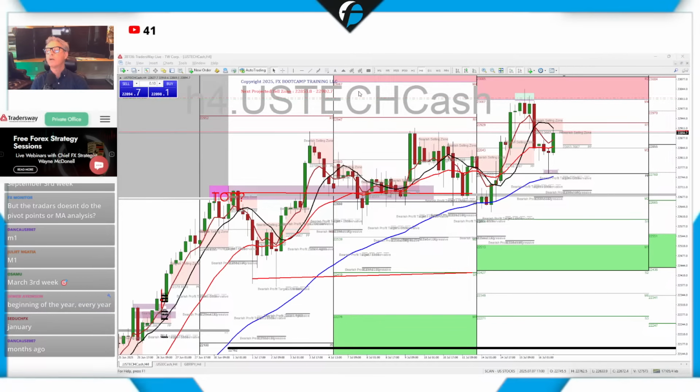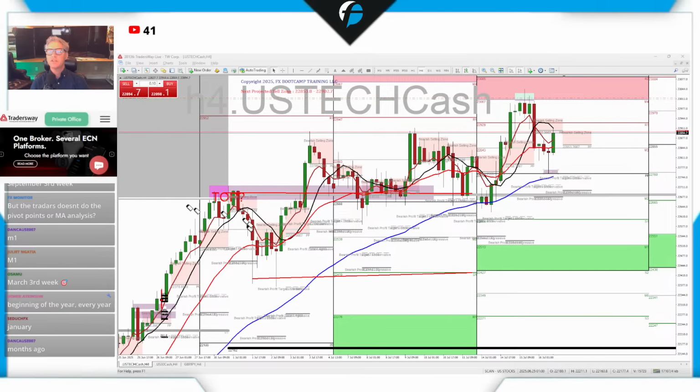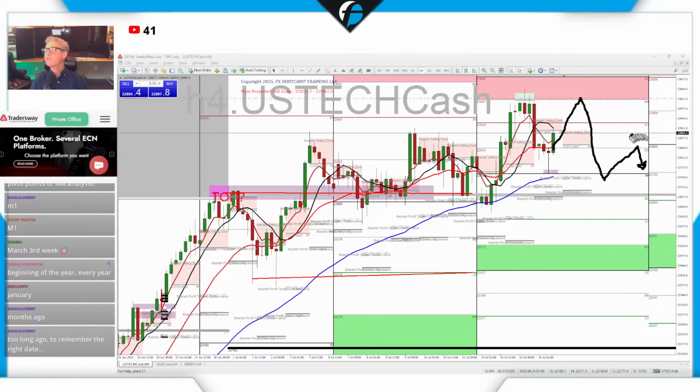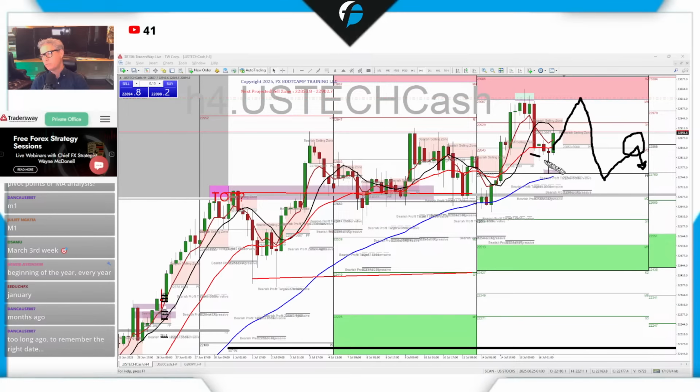If it doesn't work, okay, if it doesn't work, would I sell a double top? Yep. Would I sell a lower low? Yeah, in fact, I would sell the lower high after a lower low.